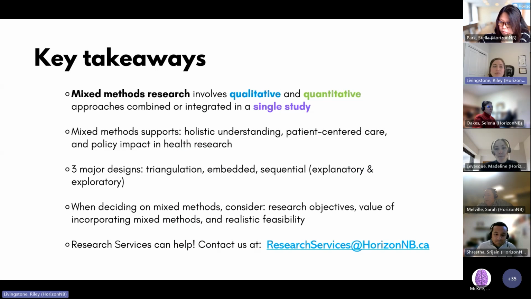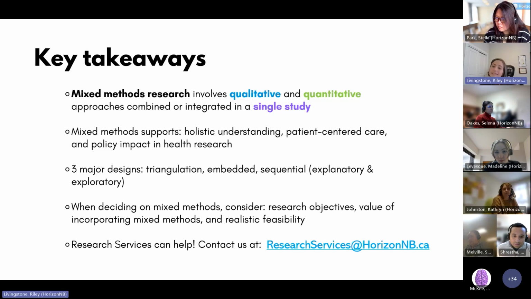So to wrap up, let's take a moment to review what we've covered and how mixed methods might be fitting into your research plans. First, we defined what mixed methods research is. It's an approach that combines and integrates quantitative and qualitative data to give a fuller view of a research question. We discussed why mixed methods is valuable in healthcare and went through some of the core designs.